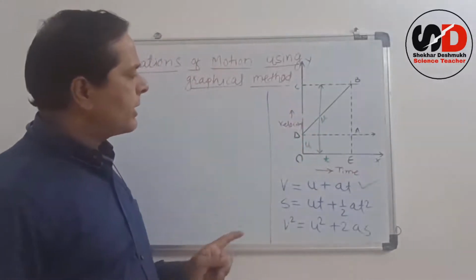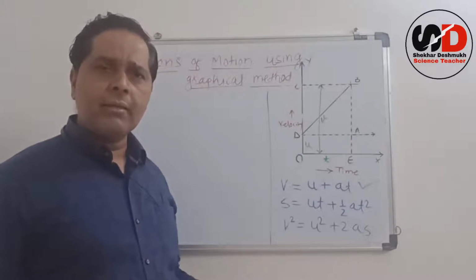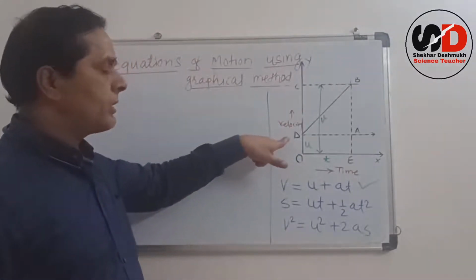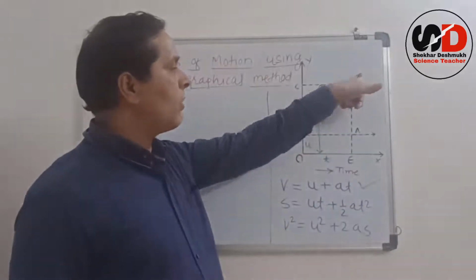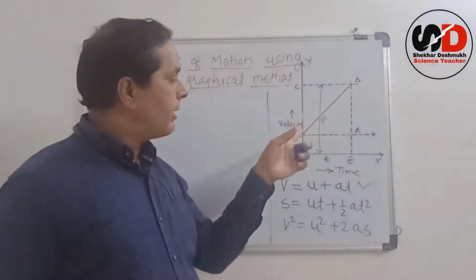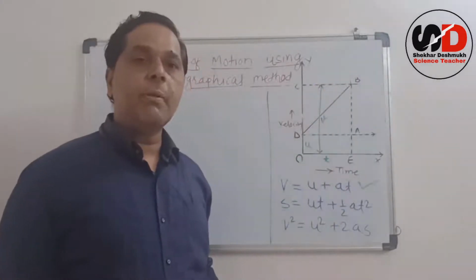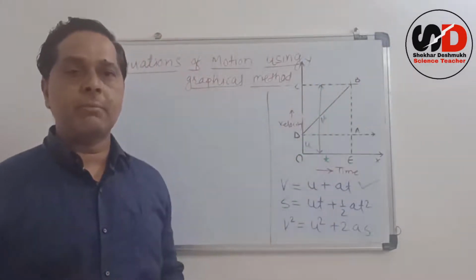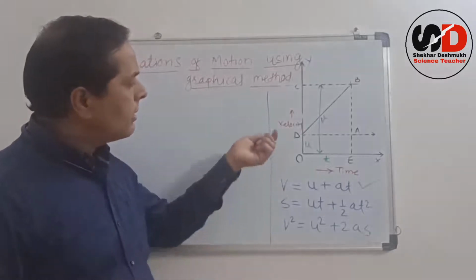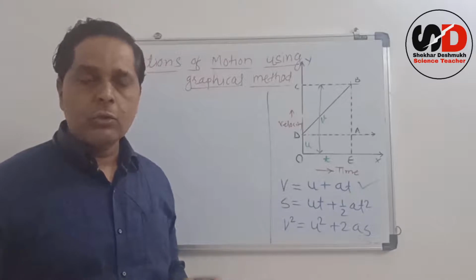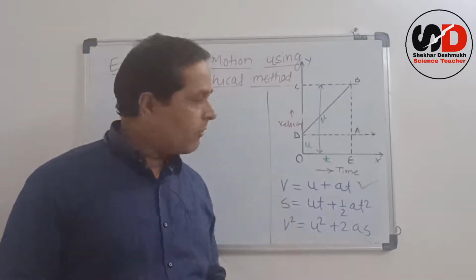So suppose the object is moving. Again we are saying the same thing. Suppose the object is moving with initial velocity u, it attains final velocity v, and it goes from point D to B. That means the displacement, suppose s is the displacement, and the uniform acceleration which is applied here, suppose it is a.